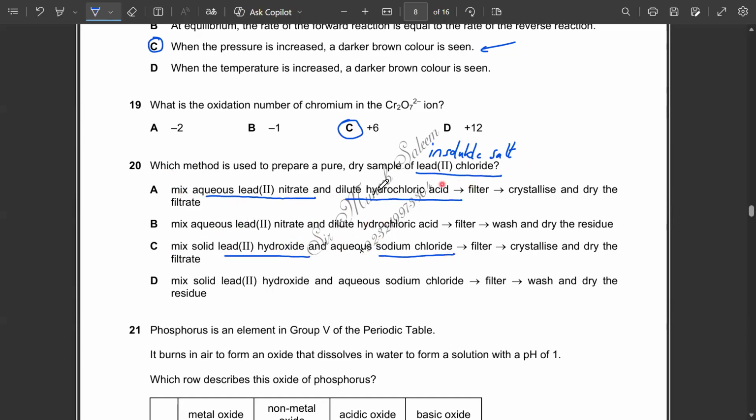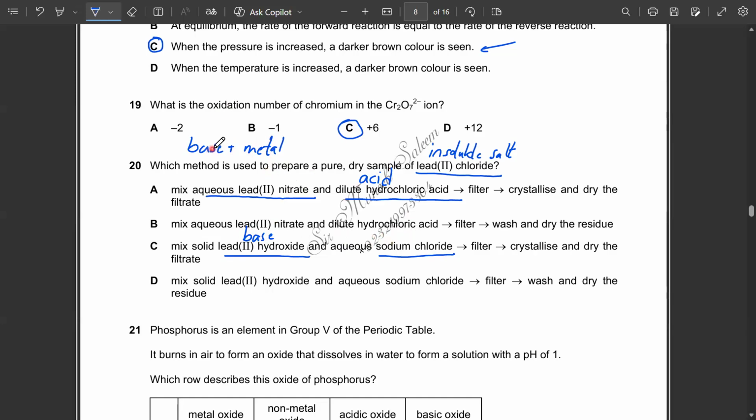So basically there is always a reaction between an acid and the compound. There is never a reaction of a base with a salt or a metal. They can only be a reaction of a base with an acid, but not a reaction of a base with a salt.